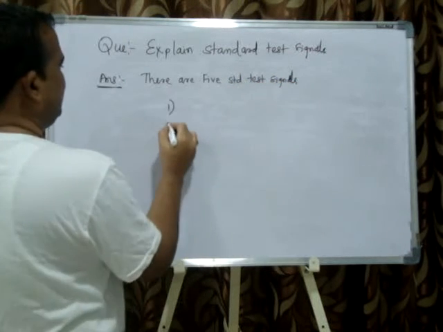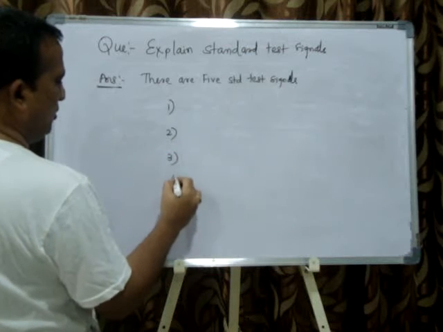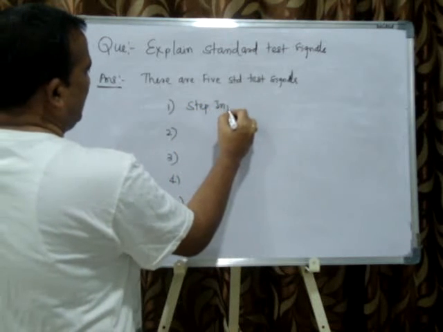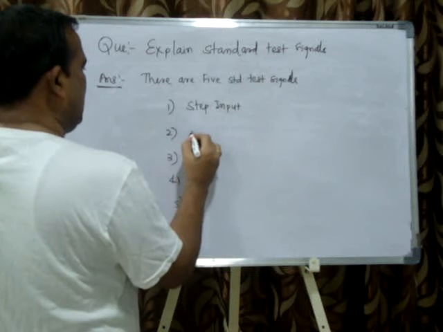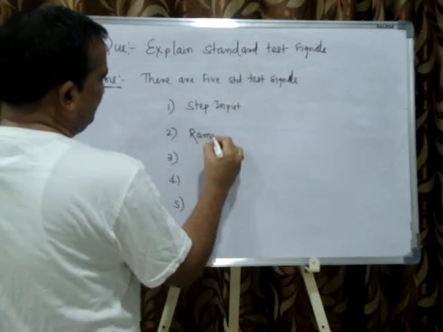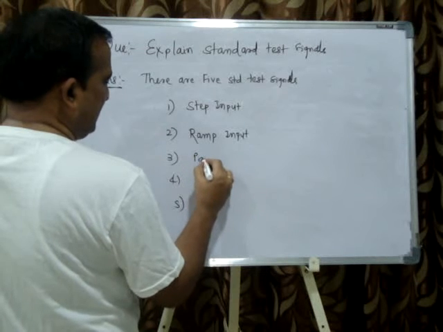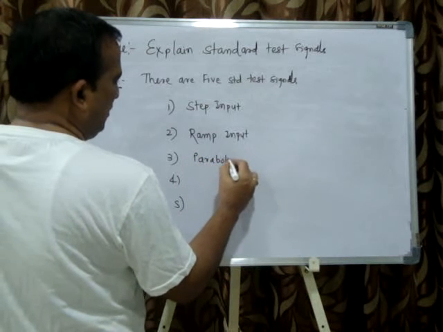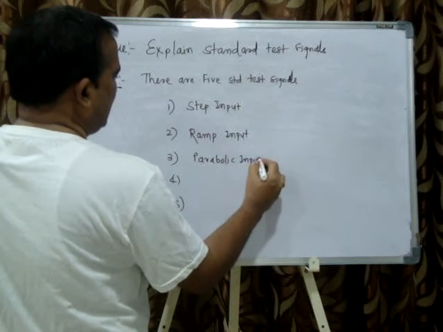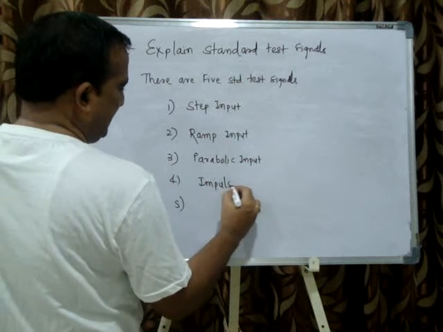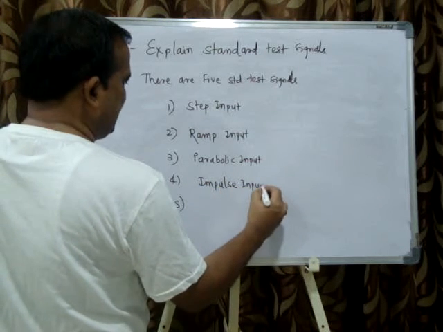The first one is called what? Step input, and second one is called a ramp input or signal. Third one is called parabolic input or a parabolic test signal. The fourth one is called impulse input or impulse test signal.